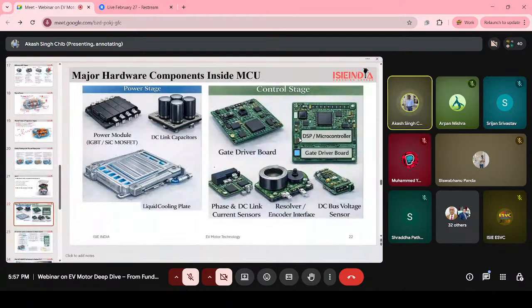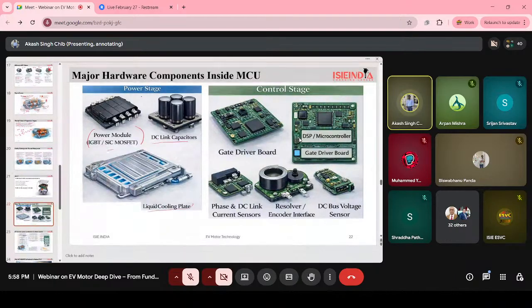Here you can see the major hardware components which are fitted inside the motor control unit. In the power stage we have the power module, IGBT, SiC MOSFET, DC link capacitor and liquid cooling plate.